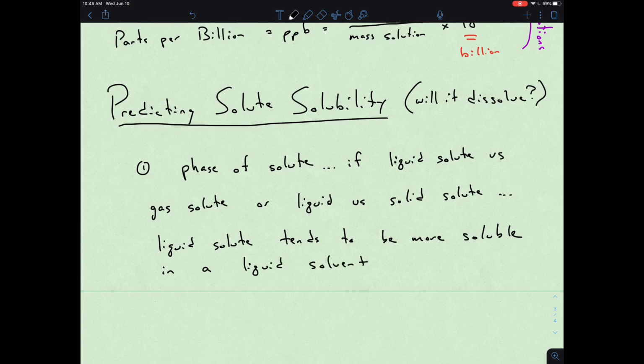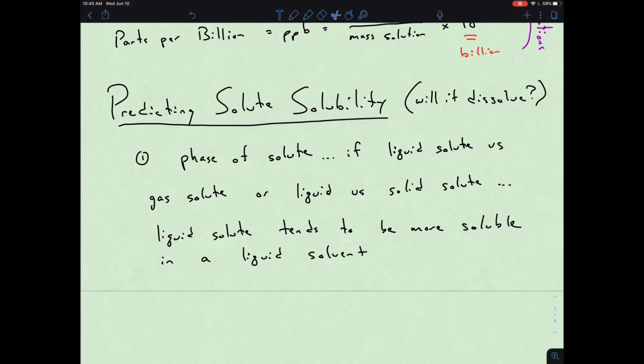So that's one way of predicting something to be more soluble than another, by just looking at the phase of the molecule.